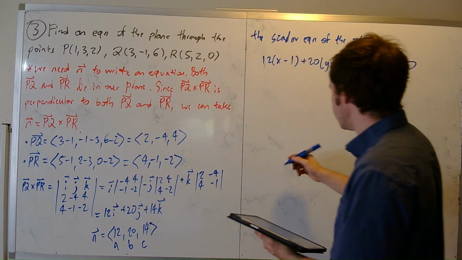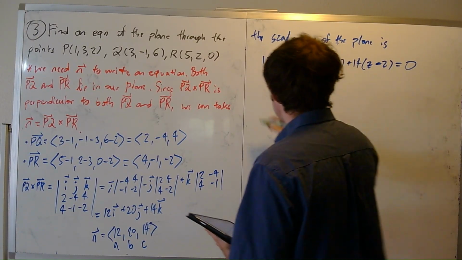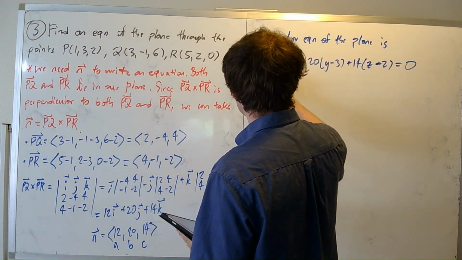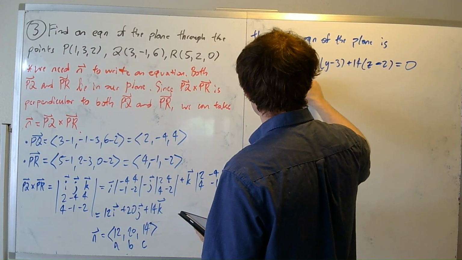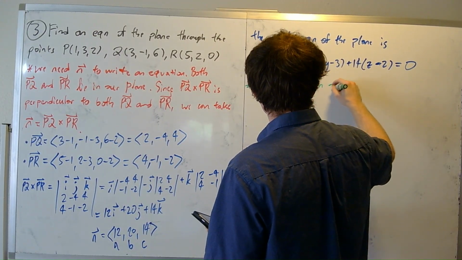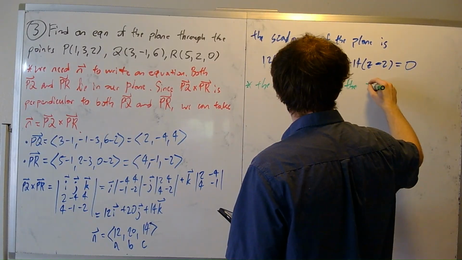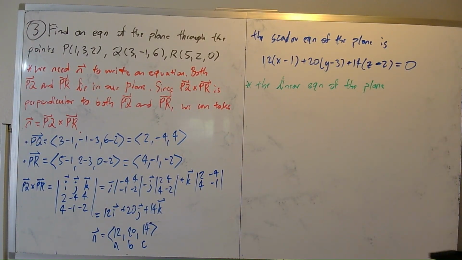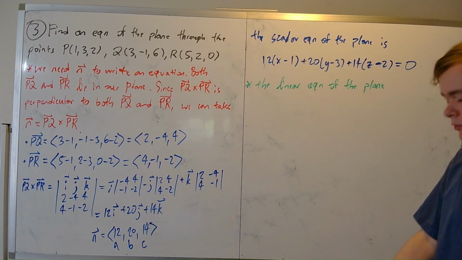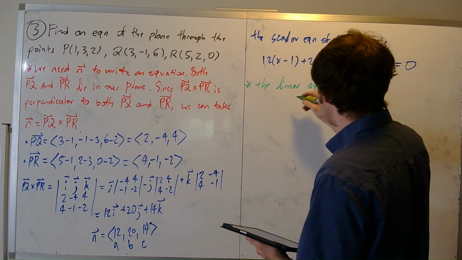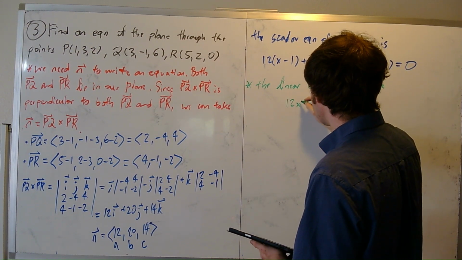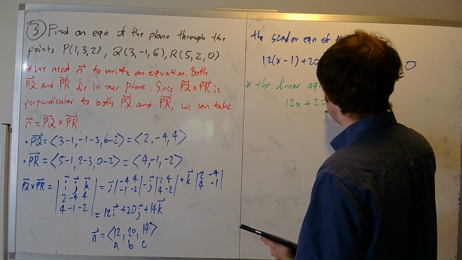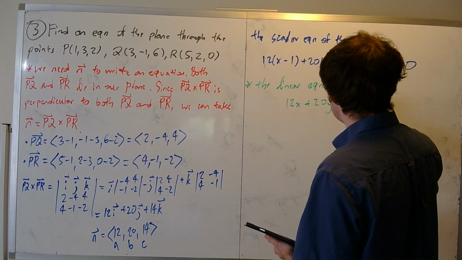And now if we want the linear equation of the plane, all this means is we're moving all the constant terms onto the right side. So if you distribute and move all the constants to the right side, then the answer you're going to get is going to be 12x plus 20y plus 14z.